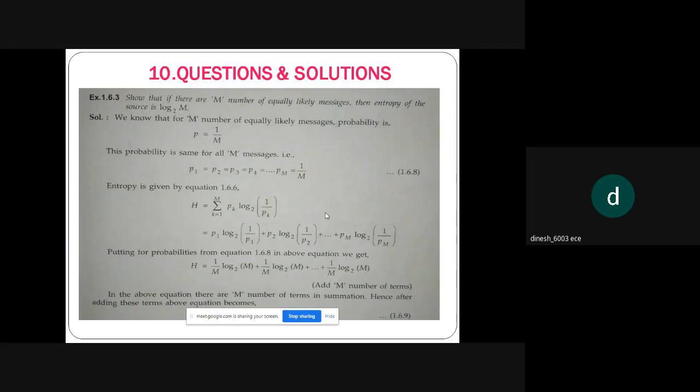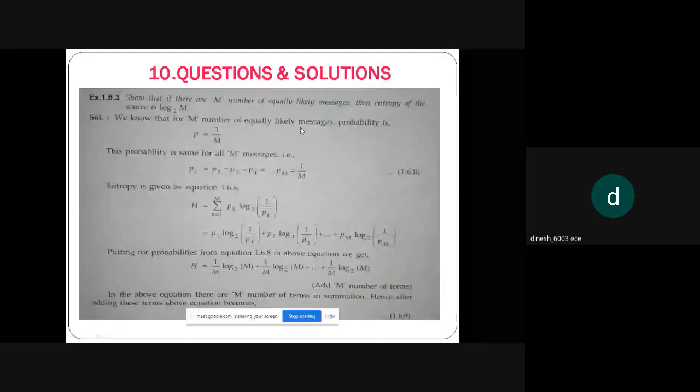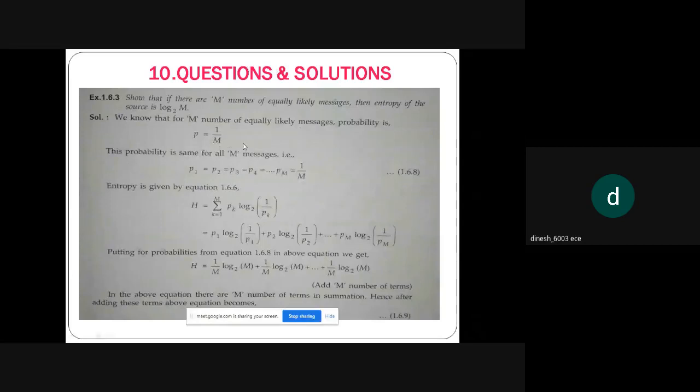Okay, so how do we prove it? Let us see. First, we know that m is the number of equally likely messages. Equally likely means similar types of messages, and the probability of each is always 1 by m.